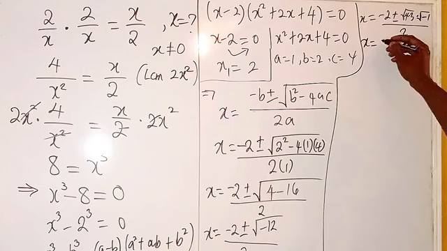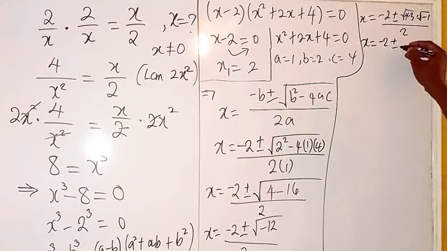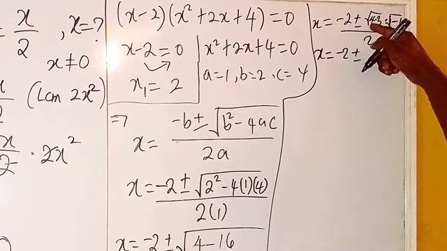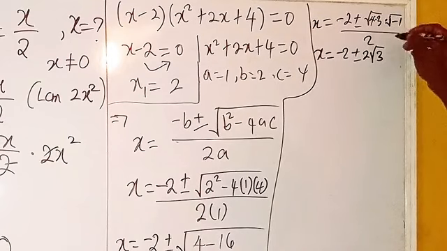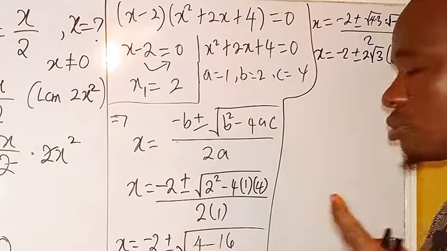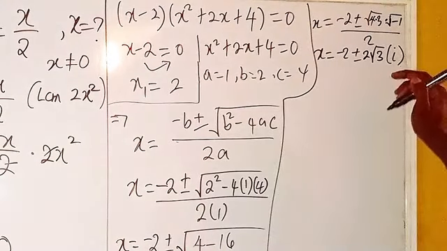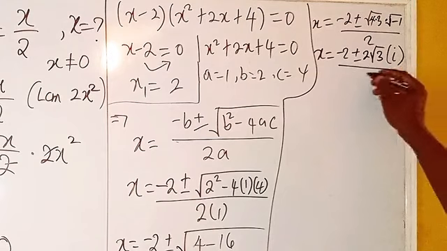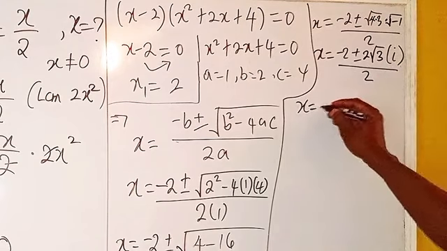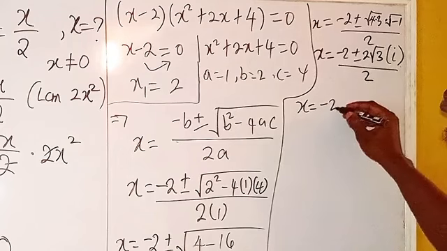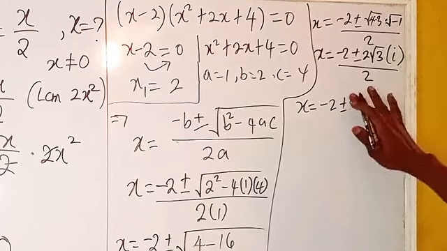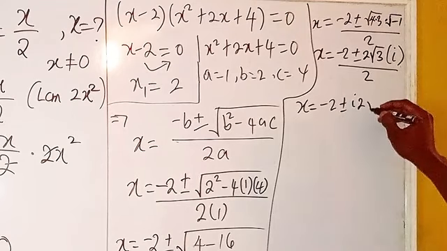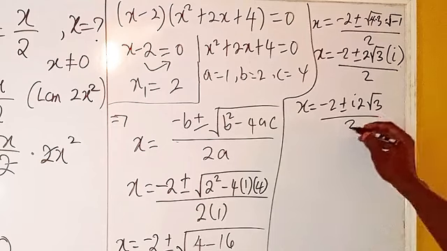We have x equals minus 2 plus or minus. Now we take the square root of 4, that is 2. We have 2 root 3. Then this one is going to be i, that is from complex numbers, root of minus 1 is i, divided by 2. So we have x equals minus 2 plus or minus 2i root 3 over 2.